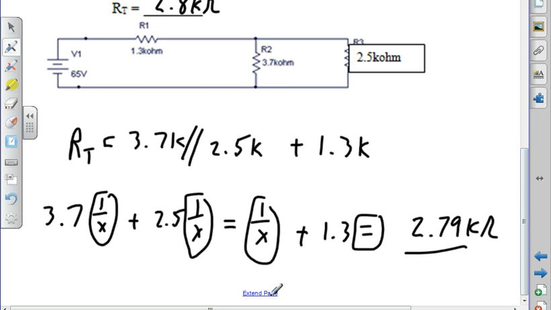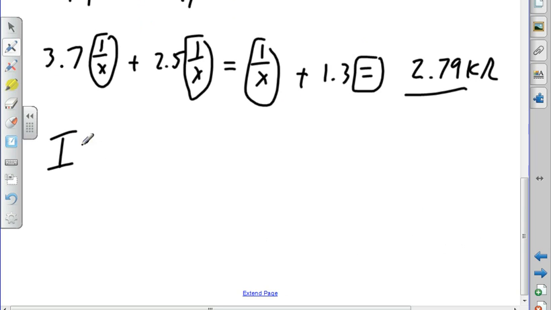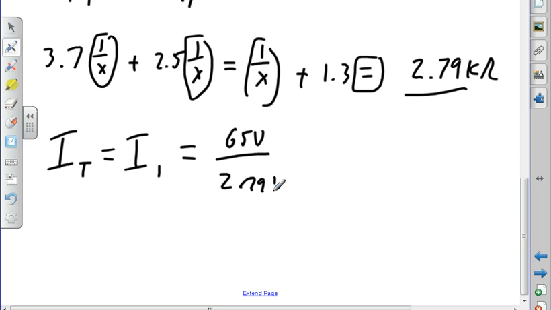Okay, so now I need to find current total, which is also the current across resistor 1. So that's going to be 65 volts divided by 2.79K.